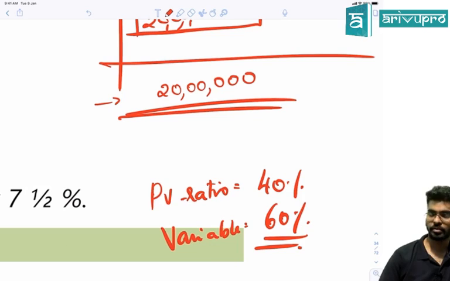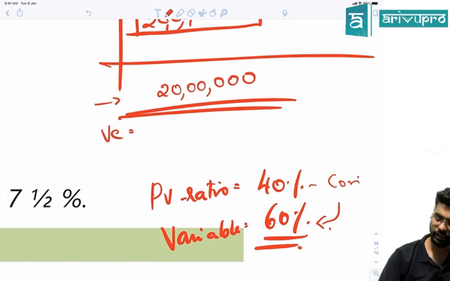Yes or no? Guys, I've repeated this formula because PV ratio stands for contribution. Therefore, my variable cost will be 60%. So, out of 20 lakh, my variable cost will be 60%, which is 12 lakh.